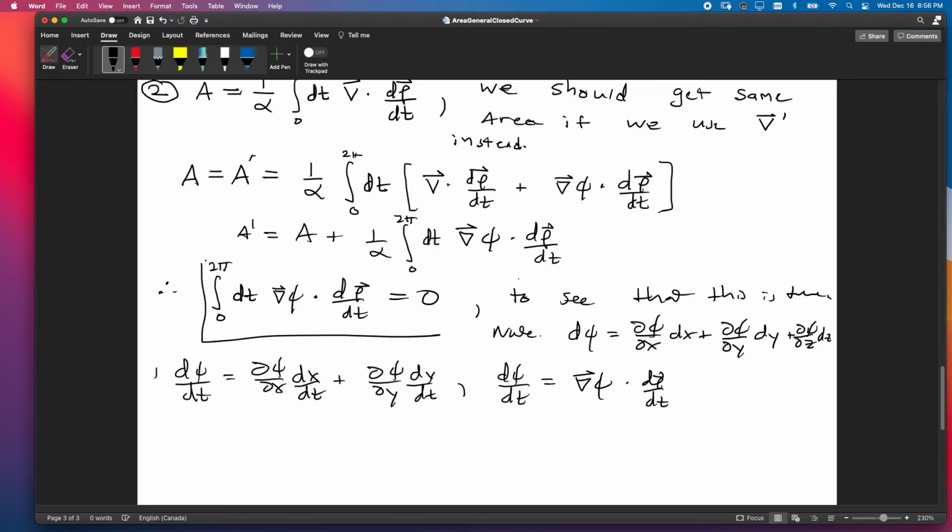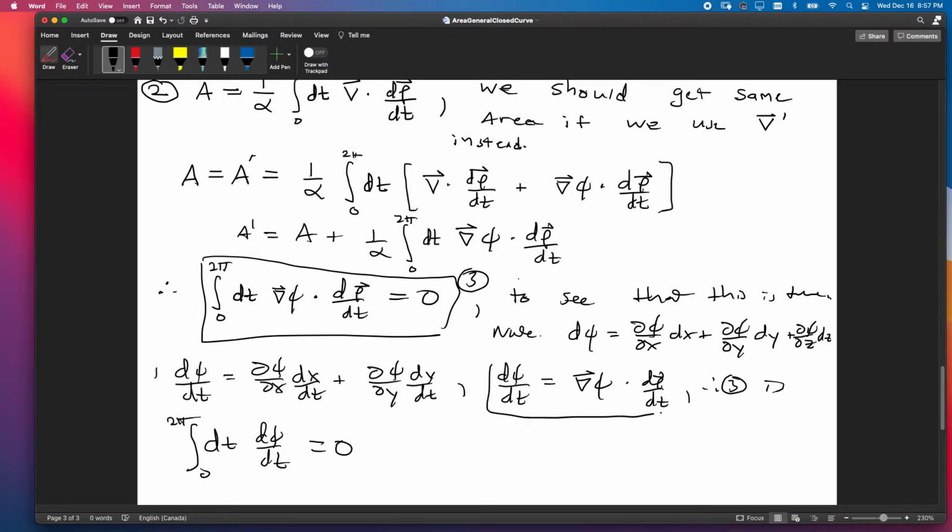I'll call this 3. If I integrate both sides, this has to be equal to 0.